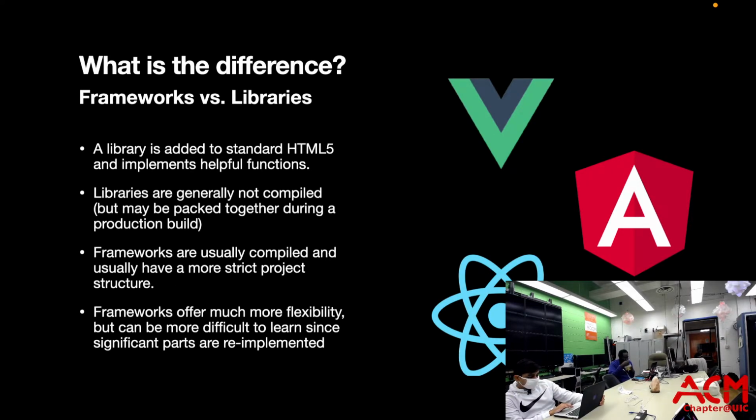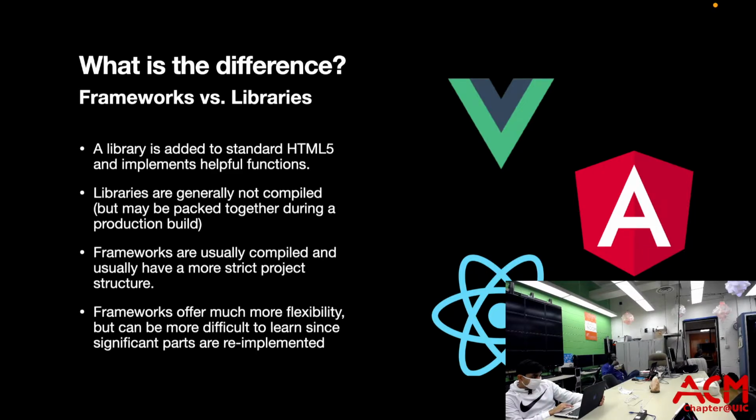So a library is intended to be added on top of base HTML5. And whenever I say HTML5, I'm talking about basic HTML5, CSS3, and JavaScript. A library is usually going to be included through JavaScript.